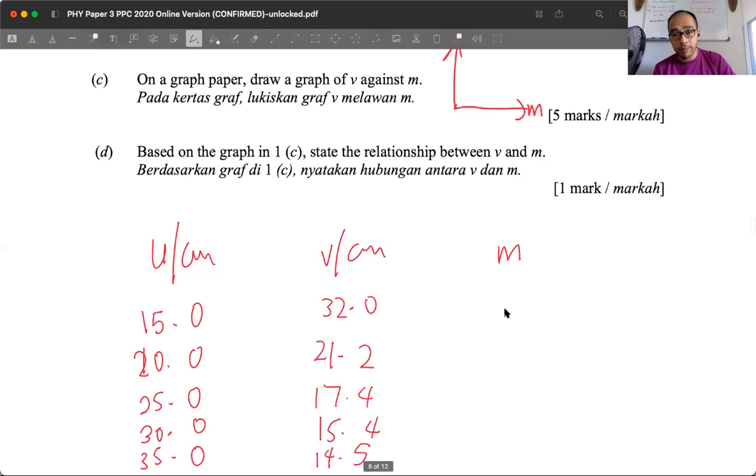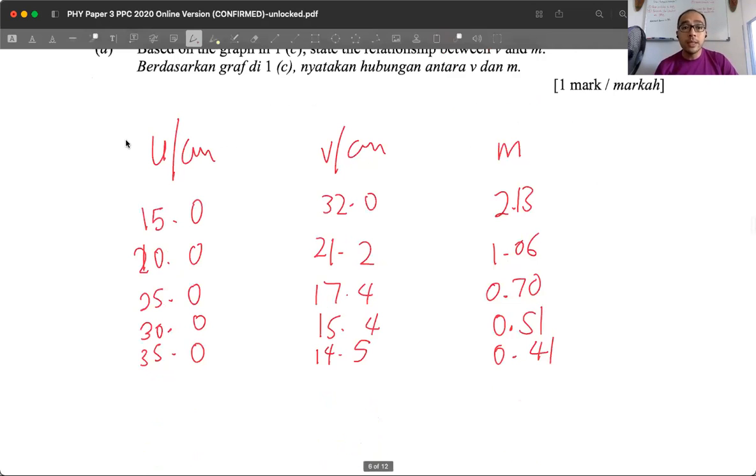I should have copied and pasted this. Linear magnification 2.13, 1.06, 0.70, 0.51, and 0.41. Okay, hold on. So this is how an actual table should look like.